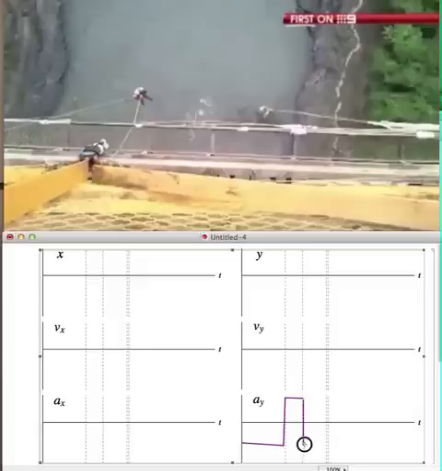The acceleration due to gravity downwards kicked in. She hit the water, and for a very, very brief moment, her acceleration was dramatically upwards to slow her down. If it wasn't, she would have kept going downwards. So the acceleration had to have been upwards. And once she's in the water, she's at the surface, and she doesn't accelerate anymore.